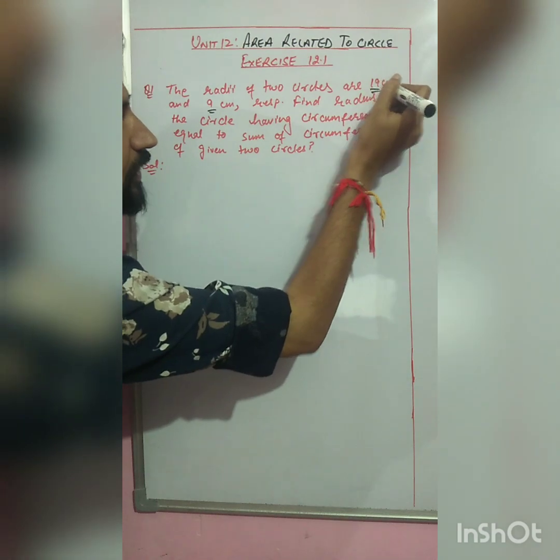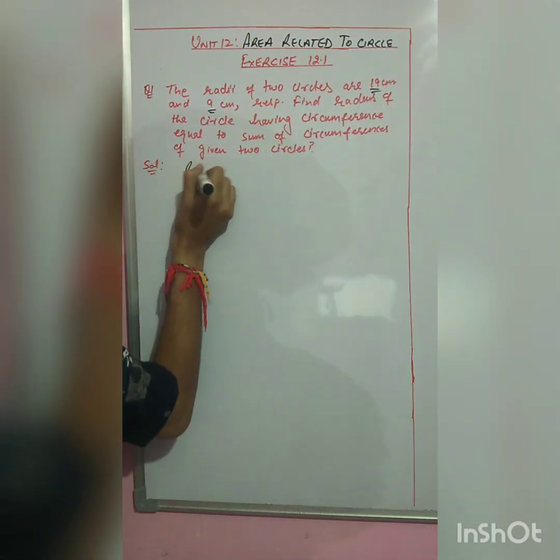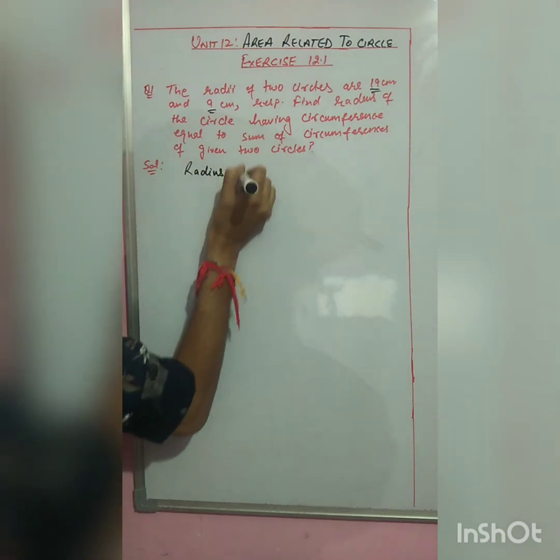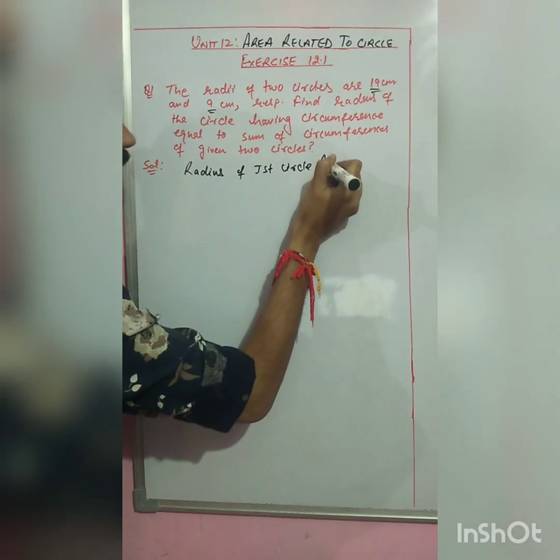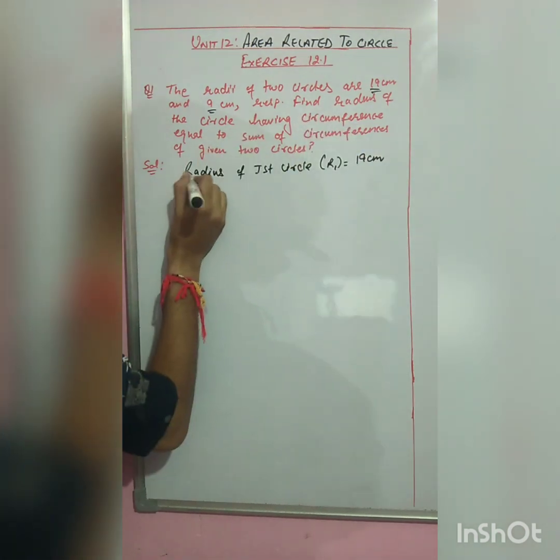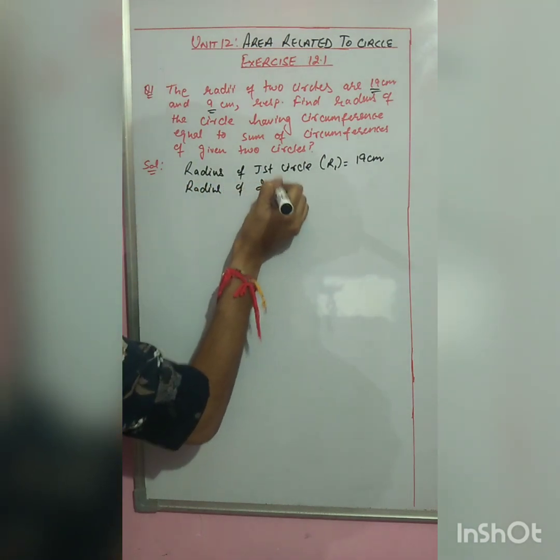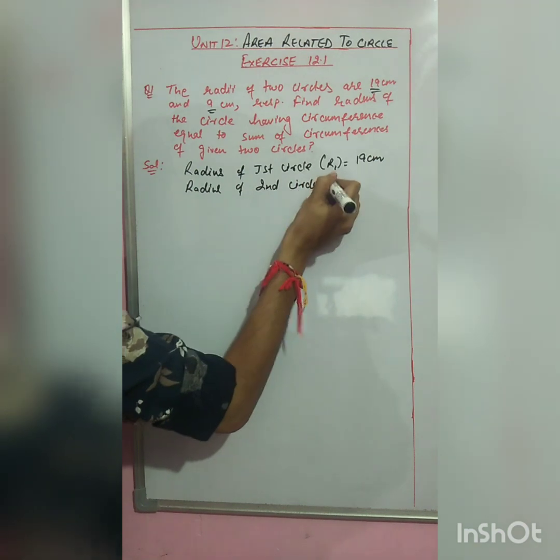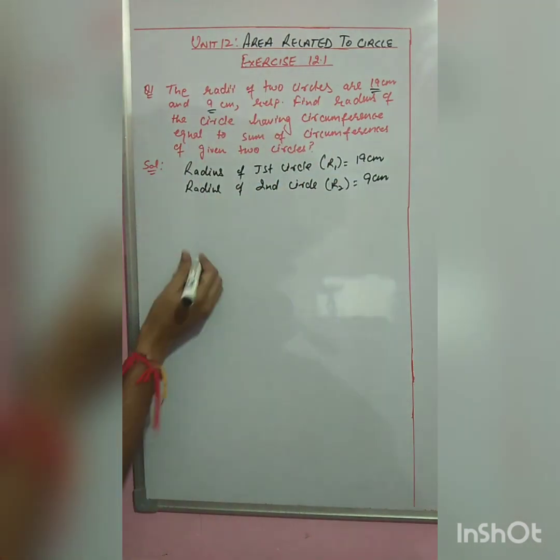As we are given, there are two circles having radii 19 and 9. So the radius of the first circle, let it be r1, is 19 centimeter. The radius of the second circle, let it be r2, is 9 centimeter.